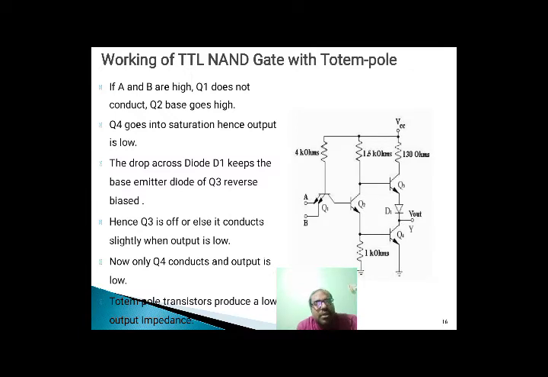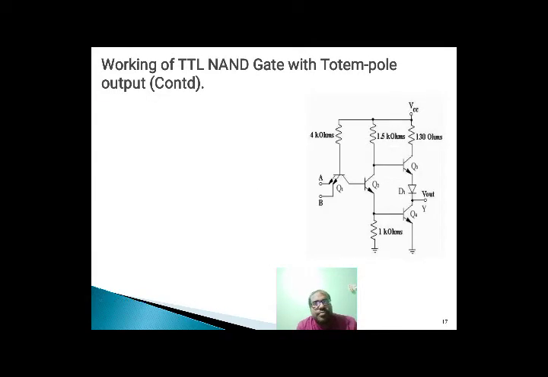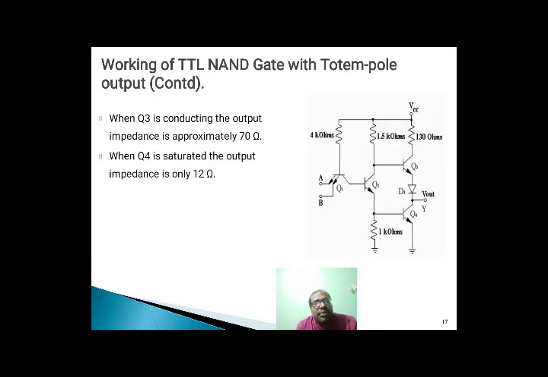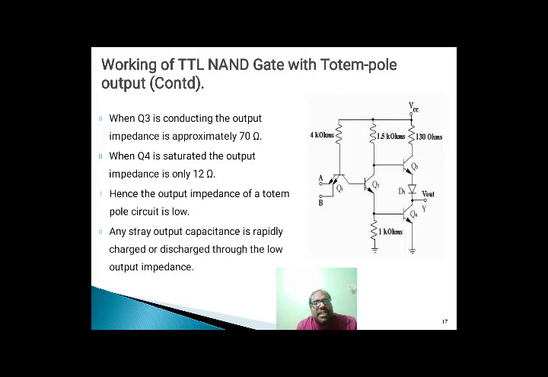Totem pole transistors produce a low output impedance. The NPN transistors connected back to back, one to another, means it produces a low output impedance. When Q3 conducts, the output impedance is approximately 70 ohms.